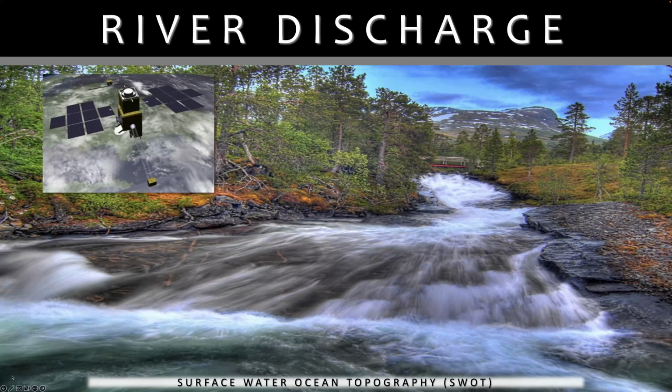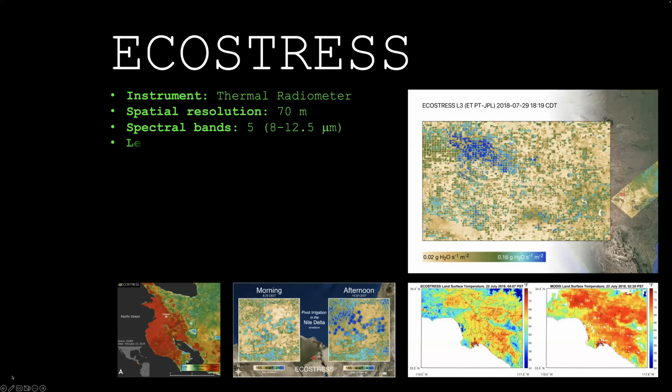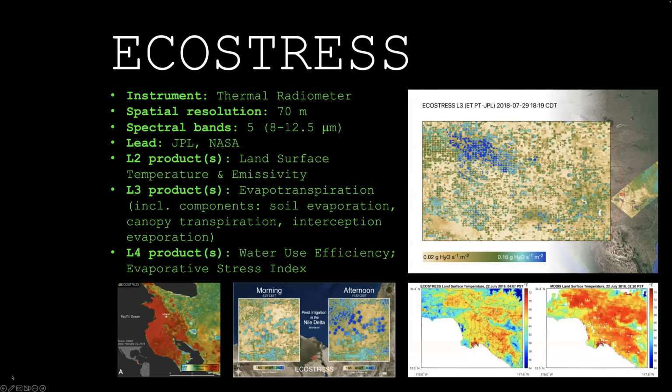So the SWOT mission actually just launched a couple months ago, I think. There's ECOSTRESS, which I was the science lead for at JPL, and that focused on evapotranspiration using thermal measurements. I'll give a little bit more of a deep dive into ECOSTRESS.